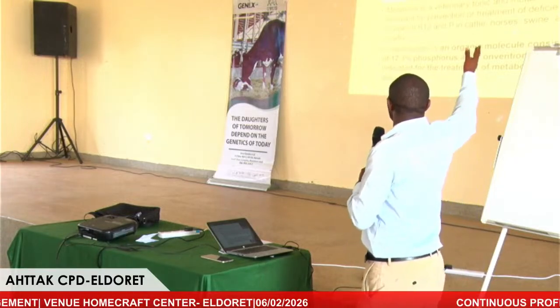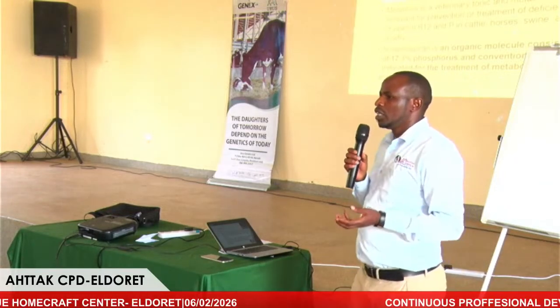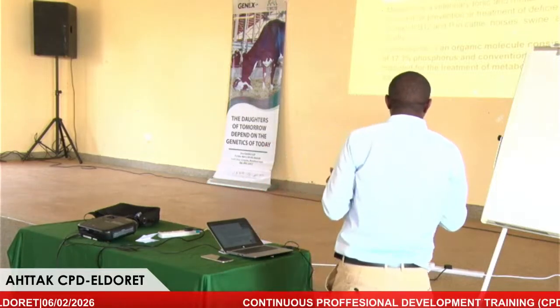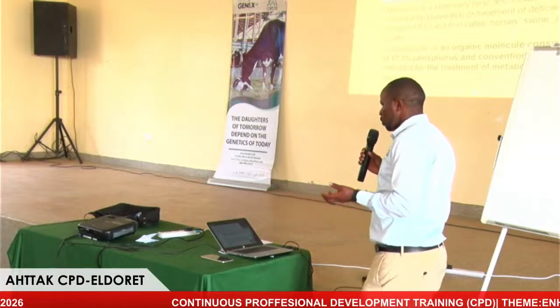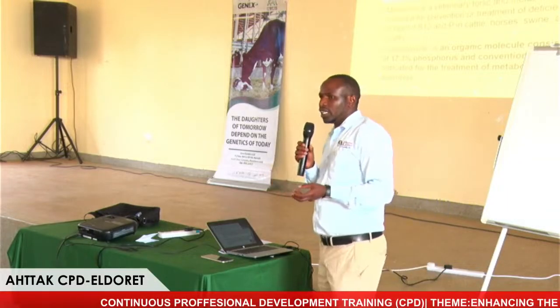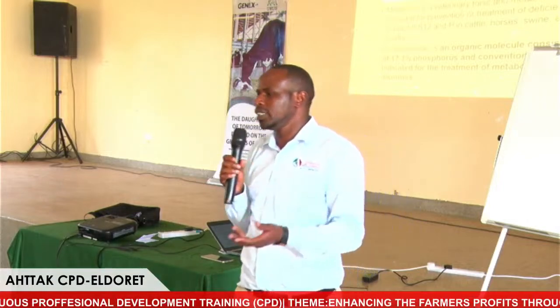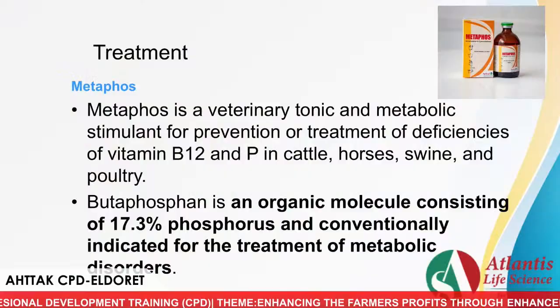So metaphors, for those of us who have used, is a product, it's a metabolic stimulant. So remember, it has butaphosphan, which is 17% phosphorus, and also cyanocobalamin. So the cyanocobalamin is the vitamin B12.